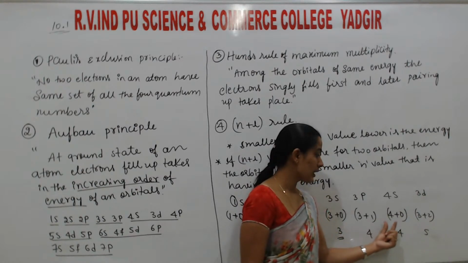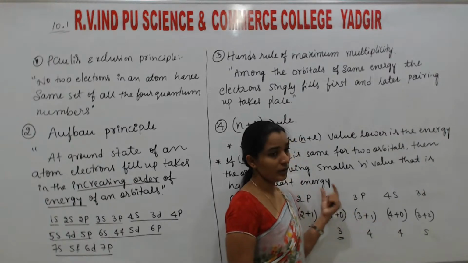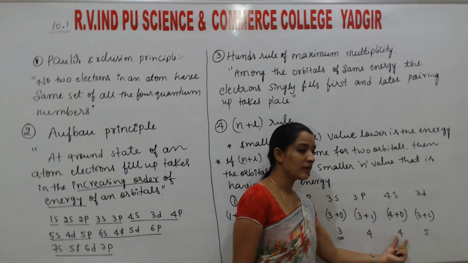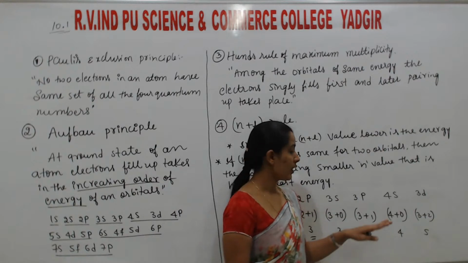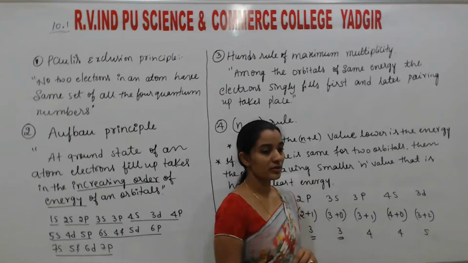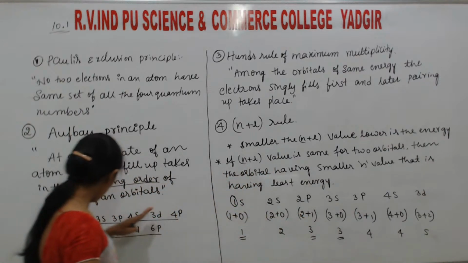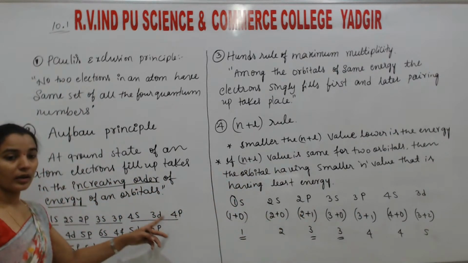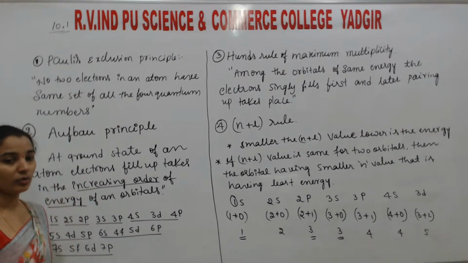That means if the n plus l value is more, then the energy is more. If the n plus l value is less, then the energy is less. If they are the same, then only the second condition follows. So this complete electronic configuration is based on n plus l only.